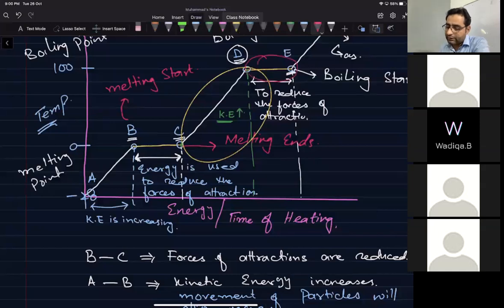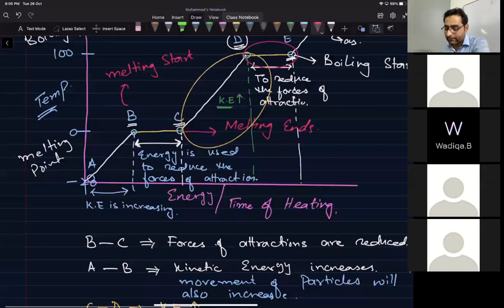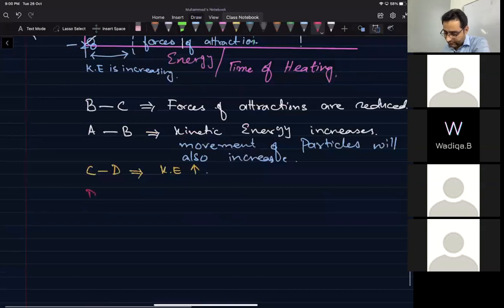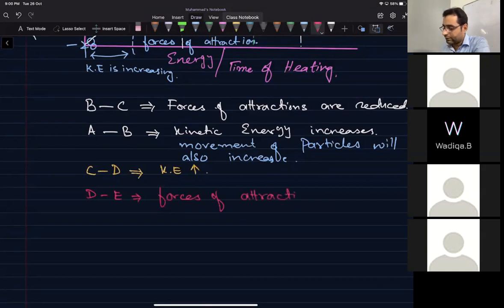If temperature is constant, where is this amount of energy being used up? Between D and E, forces of attraction between the particles are reduced.